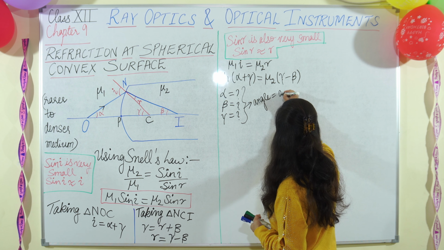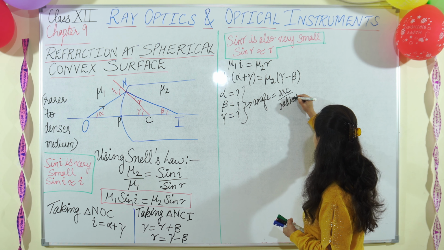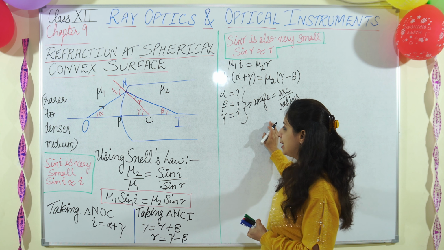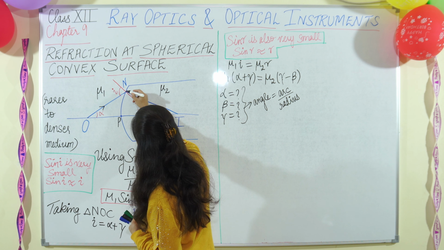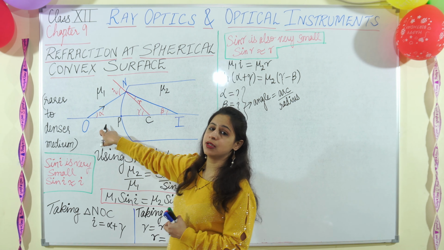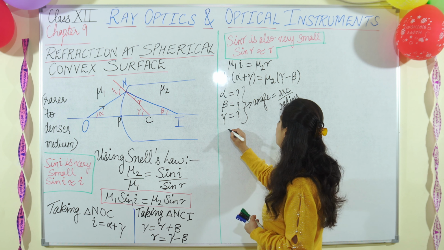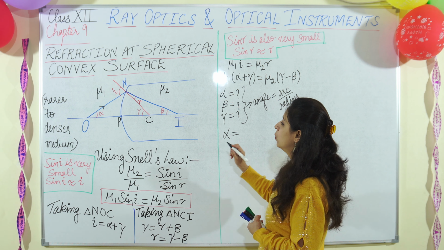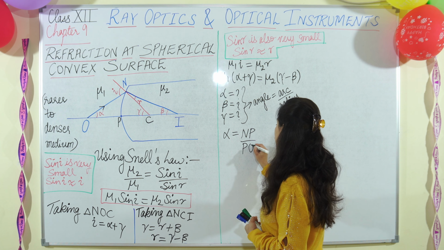So we see that for alpha the arc will be NP and the radius is the distance from the arc, that will be PO. So my alpha will be equal to NP upon PO.